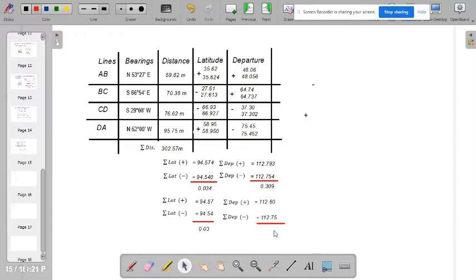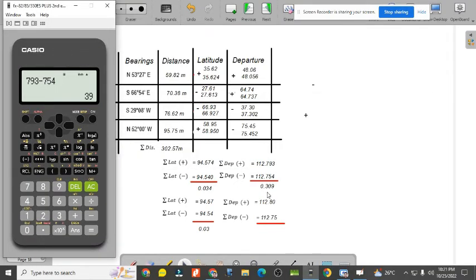But here, you will probably notice that there is a very big difference.